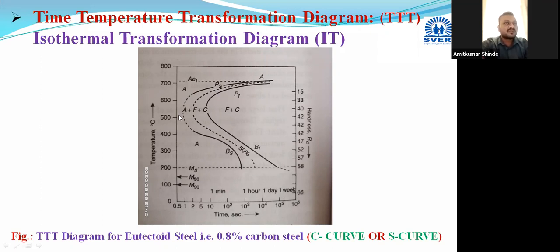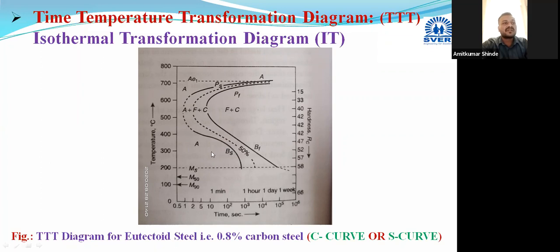Now, if your transformation temperature is in between this range, below the nose of the C curve and above the Ms, within this region you will get the bainite. It may be upper bainite or lower bainite. If the transformation temperature is on the higher side, then you will get the upper bainite.